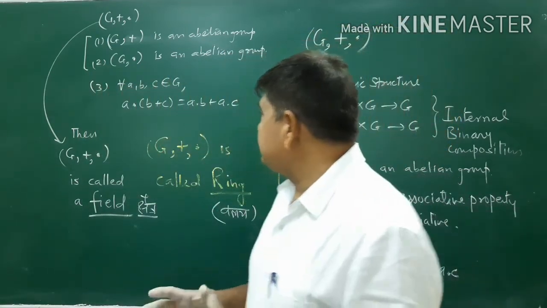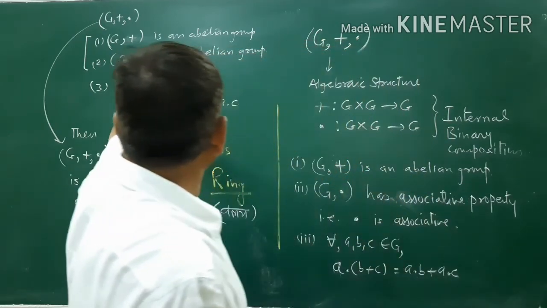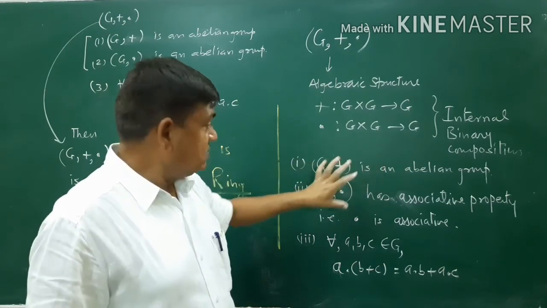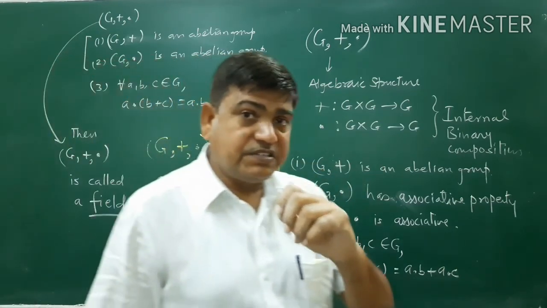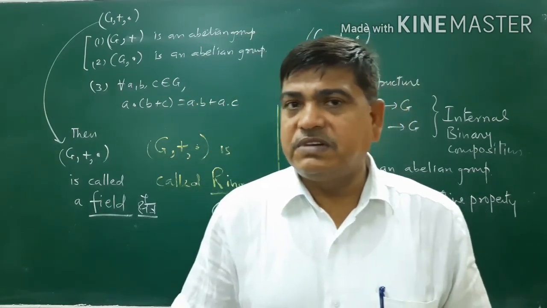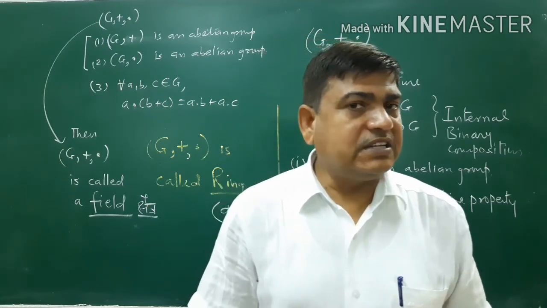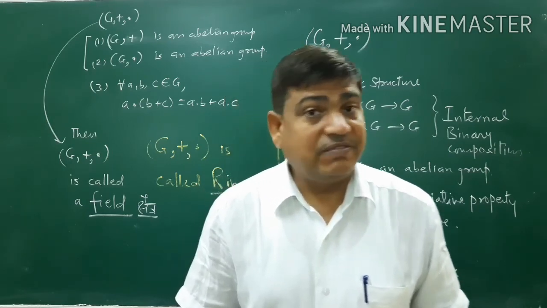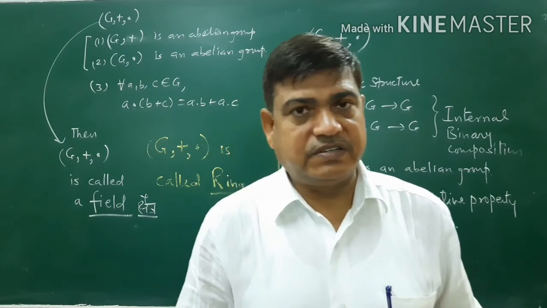Okay, so today a little bit of introduction about the group, ring and the field. I am not teaching you abstract algebra, I am teaching you linear algebra. And linear algebra is the study of vector spaces, and a vector space is a special type of algebraic structure.